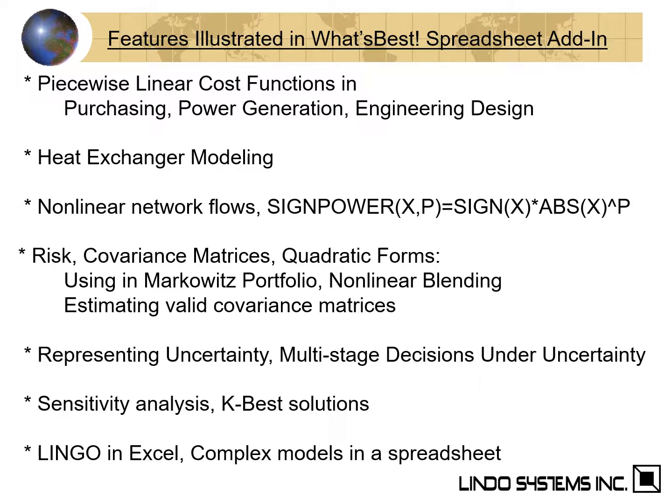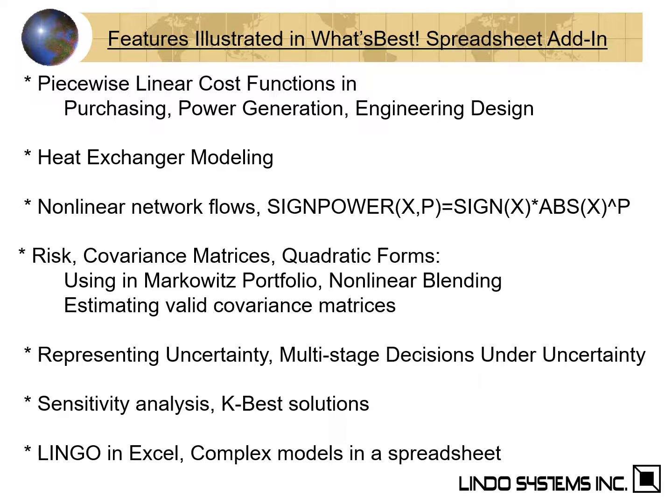We've got some special features in the solver and in What's Best and LINGO that help simplify the modeling of those features. We'll say a little bit about nonlinear network flows, and there are some special features that we have in What's Best and LINGO for modeling nonlinear flows in a network.